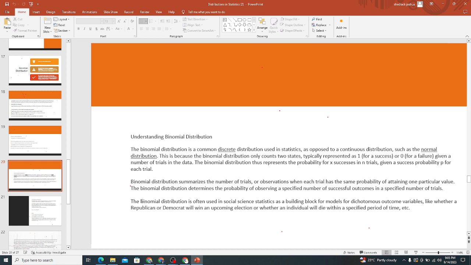It is often used in social science statistics as a building block for models of a dichotomous outcome variable, like whether a Republican or a Democrat will win the upcoming election, or maybe even in Kenya, whether Raila or Ruto will win.